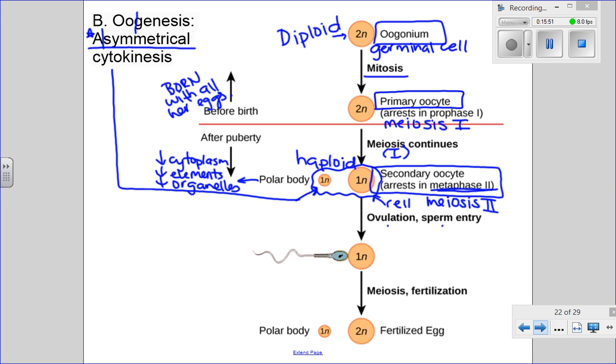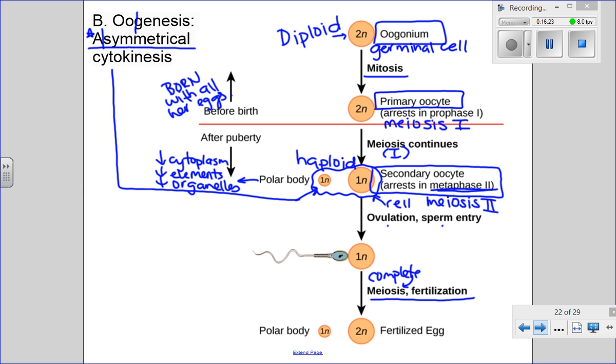So if a female produces a secondary oocyte, it will not finish meiosis II unless it gets fertilized. So fertilization is necessary to complete meiosis II. That secondary oocyte will not finish meiosis II unless first a sperm comes along and fertilizes it.